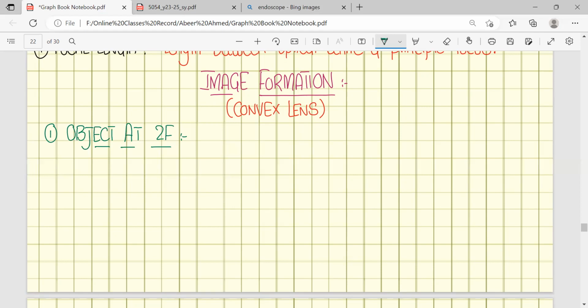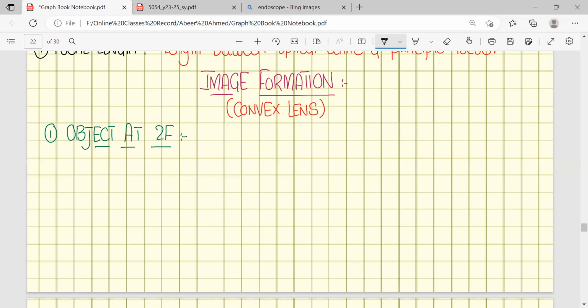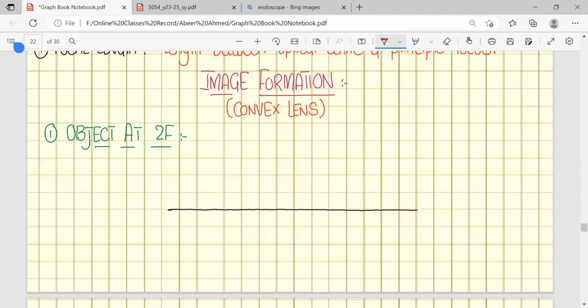Yes. So let's suppose the object is placed at 2f, so again we first consider the principal axis. So this is our principal axis and there is a lens. Okay, I am not drawing different diagrams for convex and concave because we know we are discussing convex, so a single straight line.